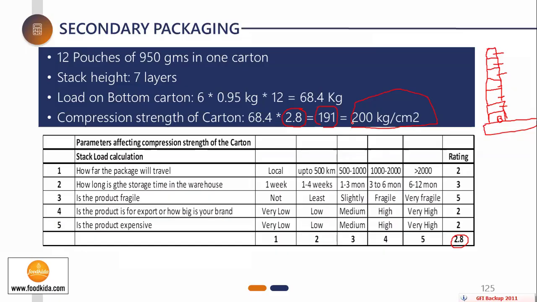The flute type, A flute, B flute, C flute, will impact the load carrying capacity. Narrow, broad, and medium flute. So that you need to discuss with your supplier. He has more information about it. He will guide you better on that.